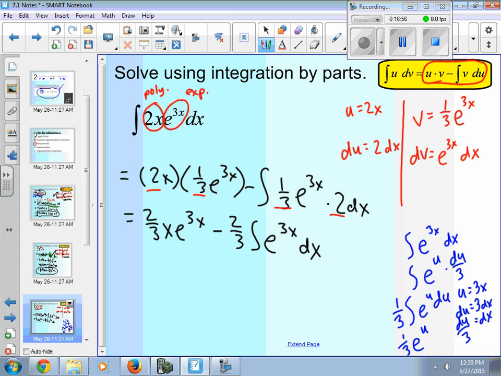We've already done that one. We know the antiderivative of this comes out to be 1/3 e to the 3x plus c.